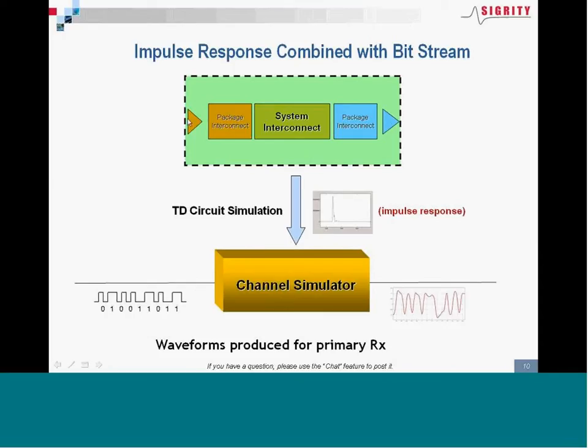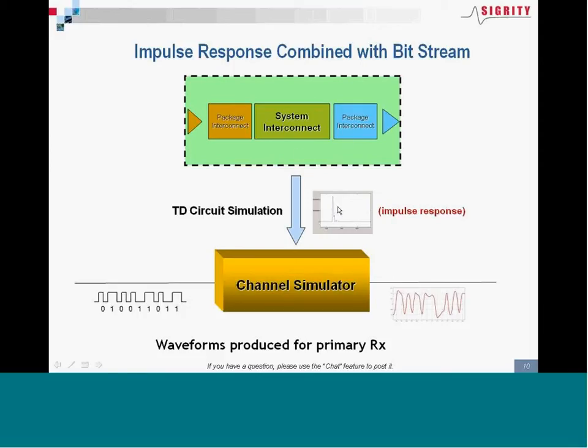There are reflections between the transmitter and the channel and the input stage of the receiver and back and forth. So those things really need to be all characterized in one circuit to generate this impulse response.